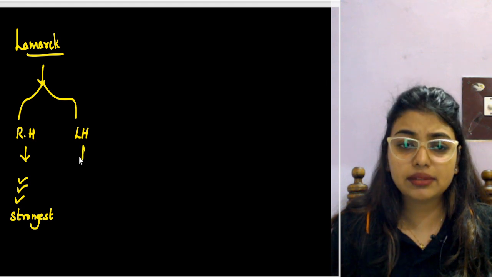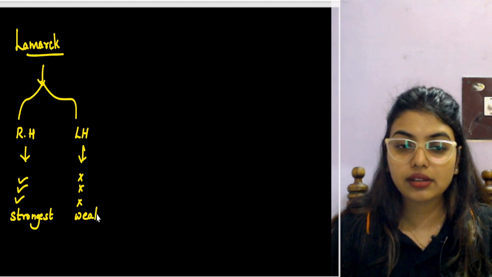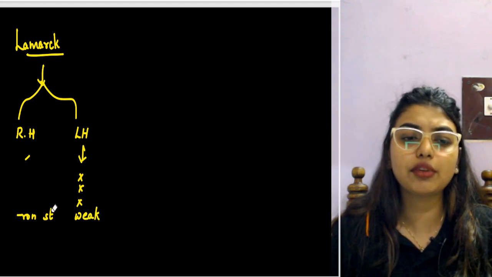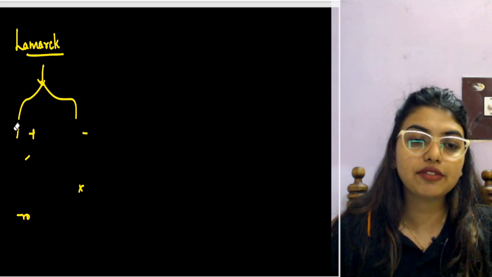Okay, but if I don't use my left hand that much, then this hand is going to be weak automatically. That we all know, no? Now I'm writing with my right hand because I have been using my right hand from a very small age. If I was using my left hand, I would have made my left hand stronger.